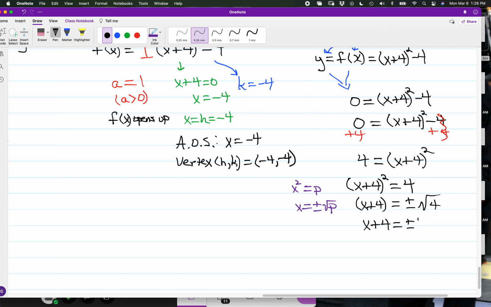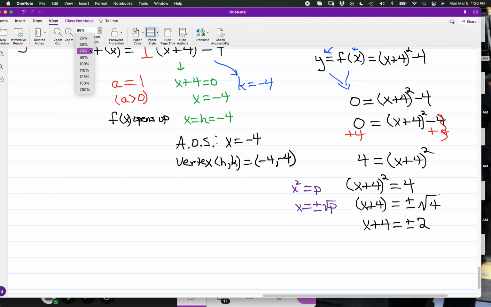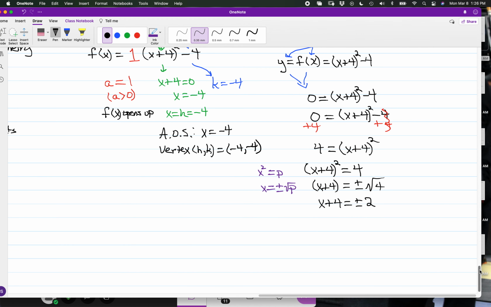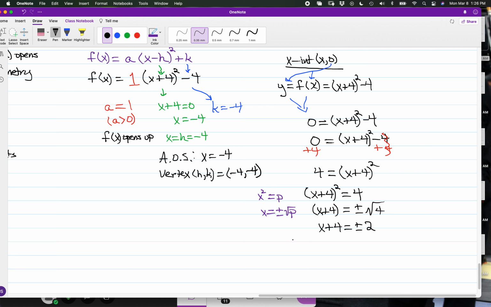Now the square root of 4 is going to be 2, and looking at what we're going to have in x. So at the lower end, we have x plus 4 is equal to negative 2. At the upper end, we have x plus 4 is equal to 2.